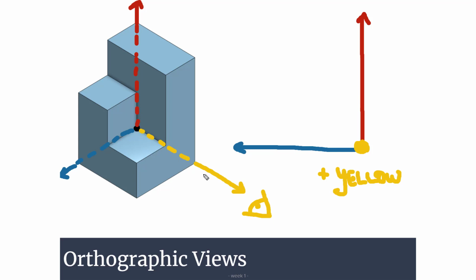So if we were to project, what vertex, what corner of this shape is projected on top of the origin? What that means is, in the yellow view, which of these corners overlaps the origin and is on the yellow axis, like this?